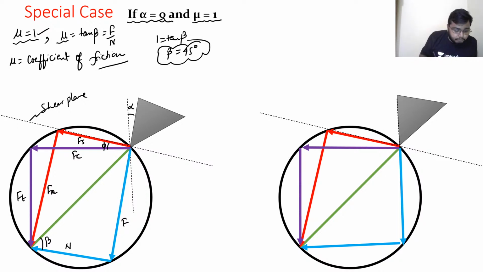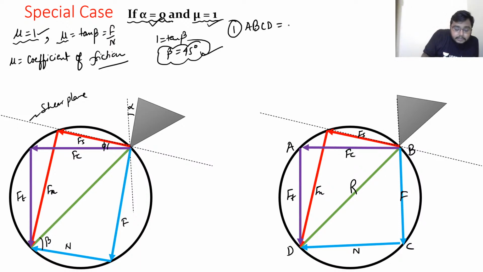So for that case, if beta is equal to 45 degree, then again this A, B, C and D, this is FC, this is FT, this is FS, this is FN, this is R, this is F, this is N. So if alpha is equal to 0, mu is equal to 1, that is beta is equal to 45 degree, then the first thing will be, ABCD will be square.